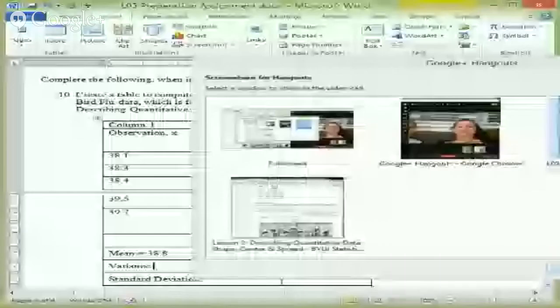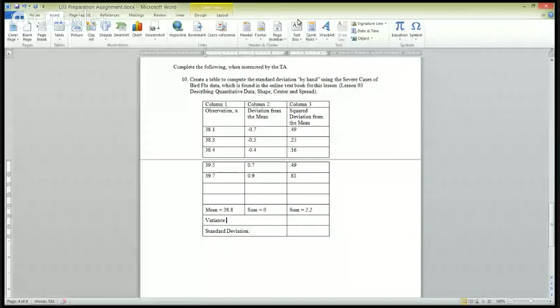So what's the sum? Variance. What's that mean? I don't have a calculator that does squared on it. Okay, we can read it to you. Okay. Or I can go like this. There you go. All right. Let's see.